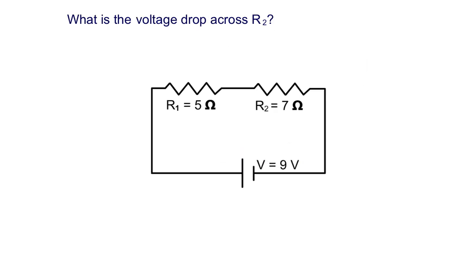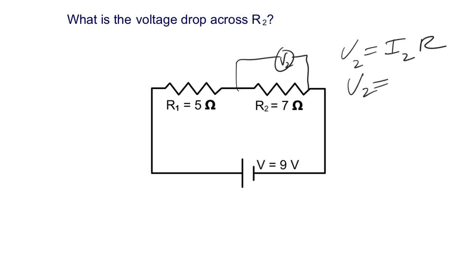You should be able to do this one because it's the same idea. Voltage drop over R2. Use Ohm's law. Let's plug in what we know. I2 was 0.75 from before. R2 is 7.